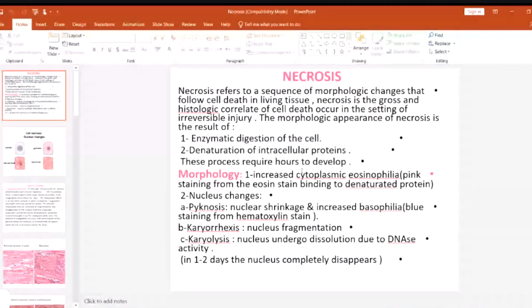As I told you last lecture, the single most common cause of cell injury is hypoxia and ischemia. You know, ischemia means there is loss of blood. Next step, there will be hypoxia, meaning no oxygen. So after that starts the process of cell injury.